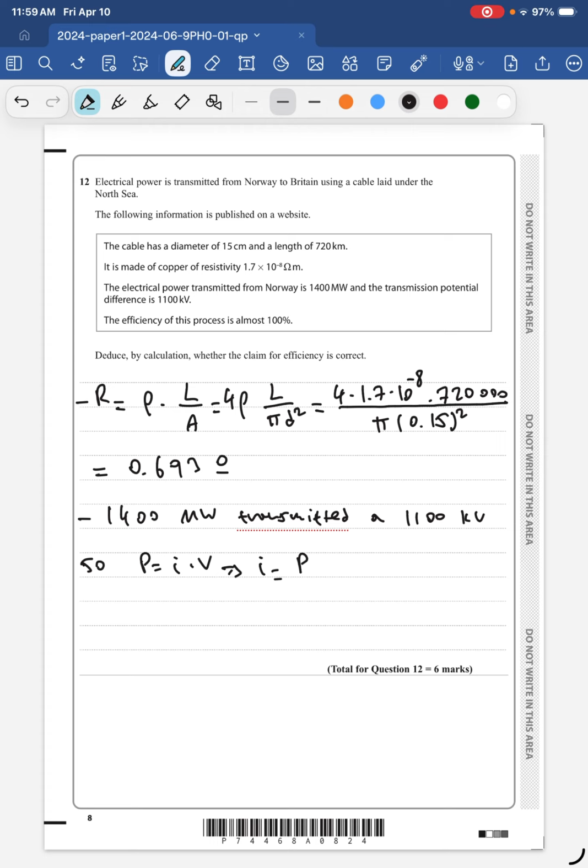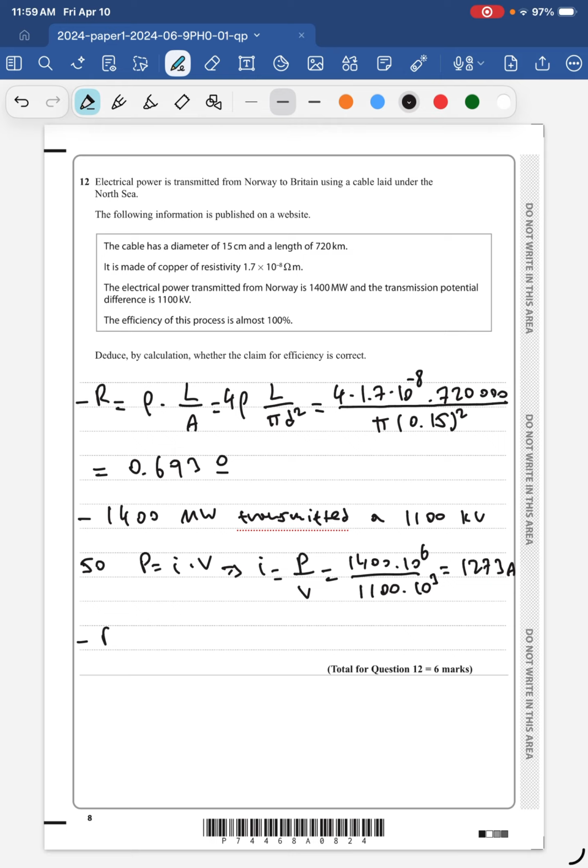So I is P over V. So that's 1400 times 10 to the 6 over 1100 times 10 to the third. So the current is 1273 amps.